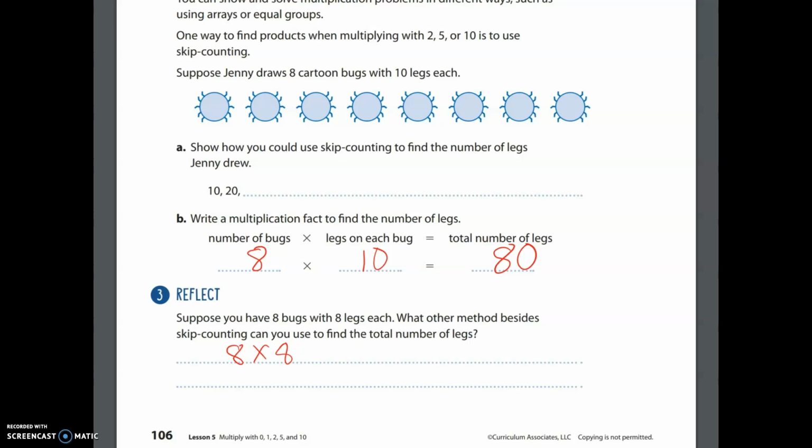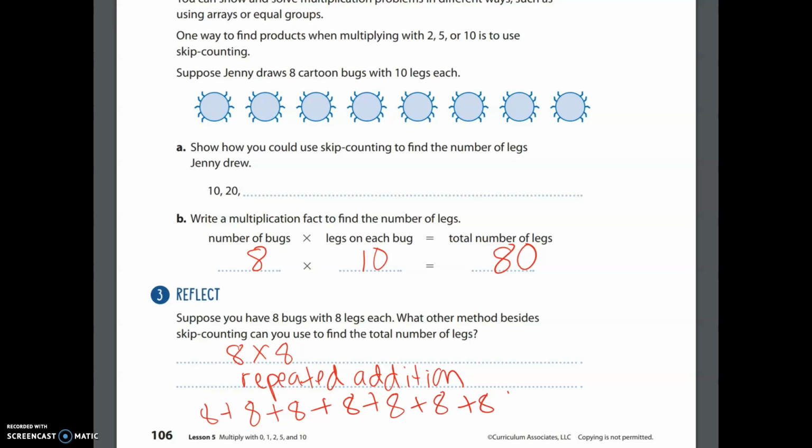So it wouldn't really work to do skip counting because it's really hard to skip count by 8. But maybe we could do repeated addition. Right? That might be a way to do it. So if we add 8 times, then we'd probably have to combine and do, say, this is 16, this is 16, this is 16, and this is 16, and then maybe even combine again and say 16 plus 16 is 32.